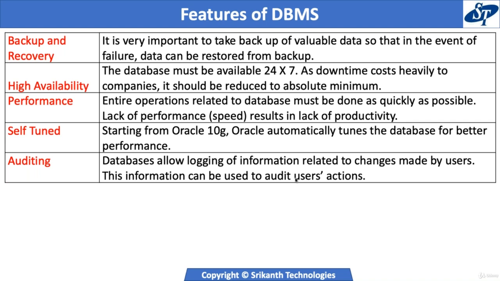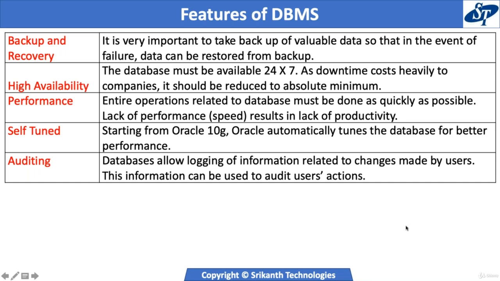And starting from Oracle 10G, they also introduced a new feature called self tuning or auto tuning, where the database is trying to fix its problems on its own, trying to make things better on its own. And the last option is auditing, where the database is logging the information related to changes made by the user. So, whatever changes that are being made, all the changes are stored somewhere. I mean, the information about the changes is being recorded so that you know what's really happening.